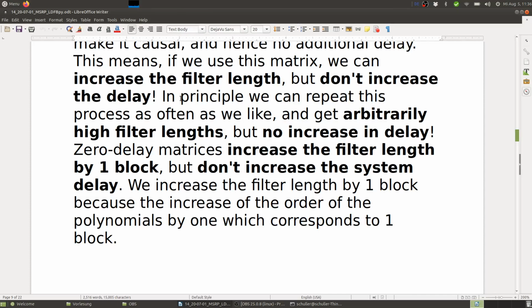So it almost sounds too good to be true, because we get something for nothing. So zero delay matrices increase the filter length by 1 block, but don't increase the system delay. We increase the filter length by 1 block because the order of the polynomials increases by 1, which corresponds to 1 block.